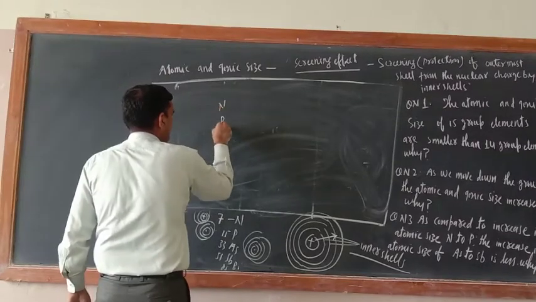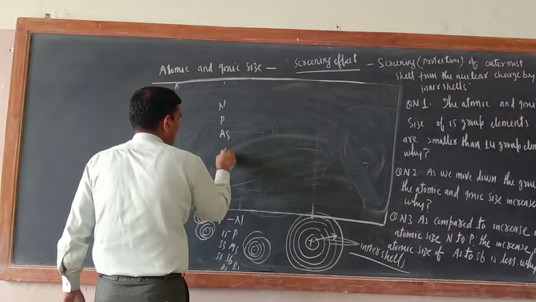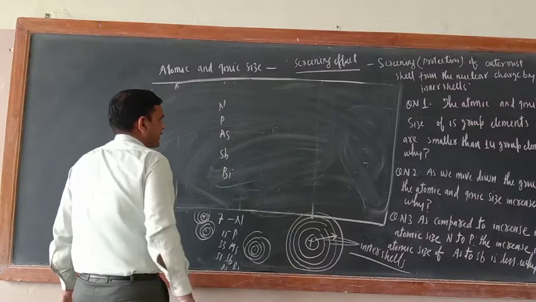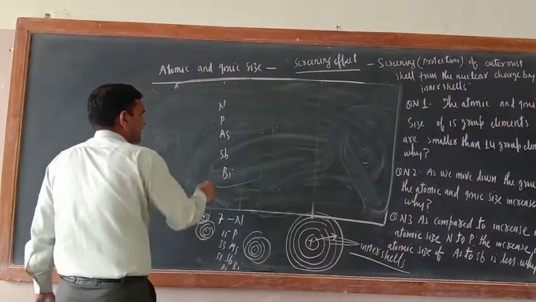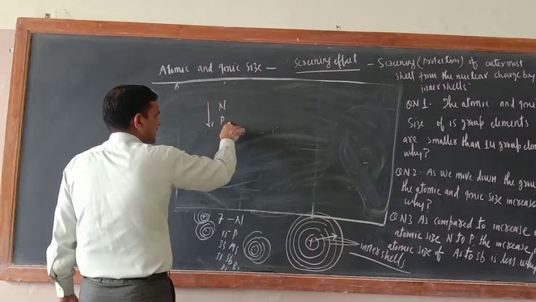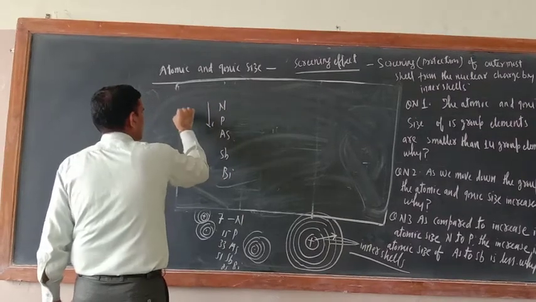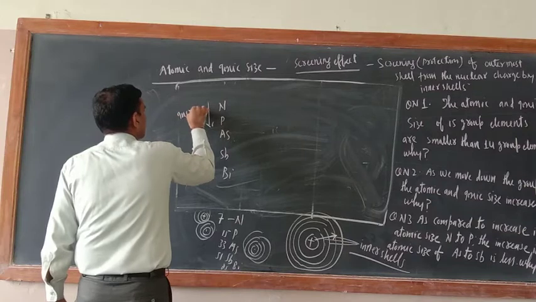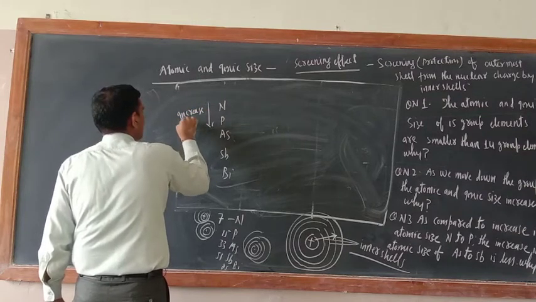Nitrogen, phosphorus, arsenic, antimony and bismuth. The question says there is an increase in atomic and ionic size from nitrogen to phosphorus, and the increase is more.